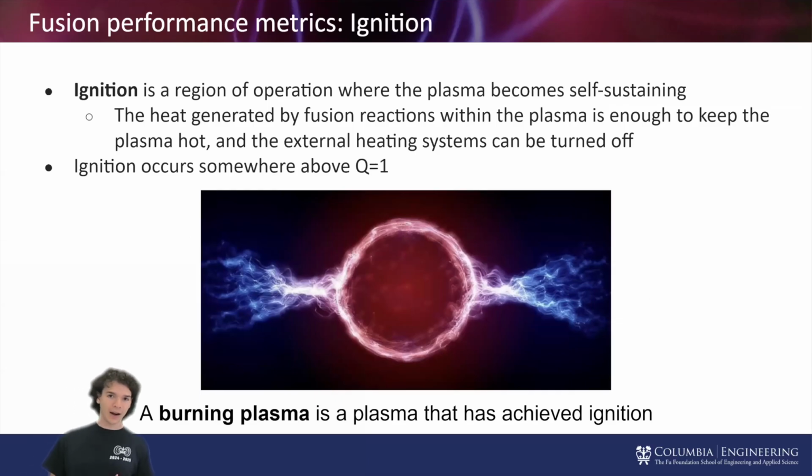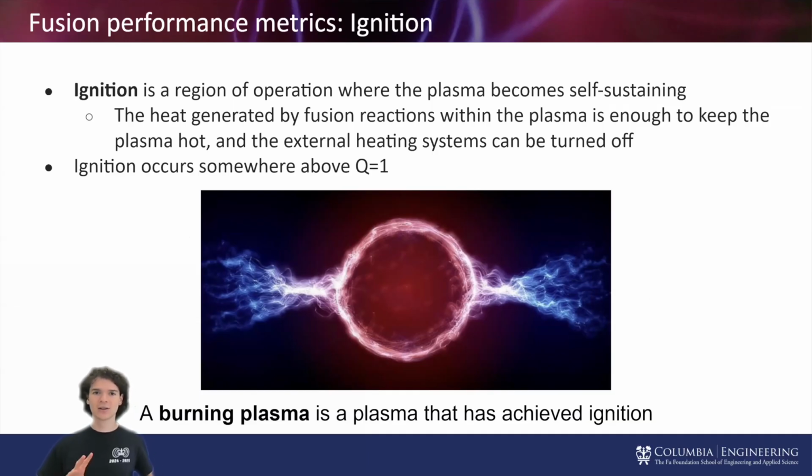Finally, defining ignition. Ignition is a region of operating your device where the plasma is self-sustaining. So it's not necessarily paired to a specific Q value, but it's when you have enough heat coming out of your fusion processes so that the plasma maintains itself being hot, assuming you have good confinement, and you don't need your external heating.